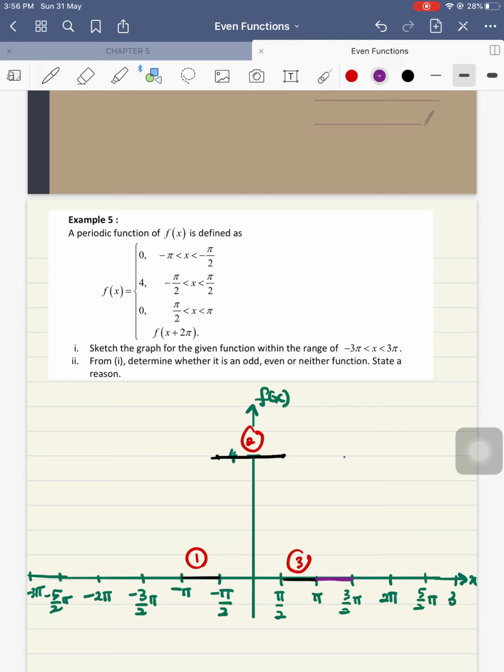Okay, so you will have a point here, and the second one is here. So this is your straight line. Okay, so the last one is this one. The range is half, which means from 5 over 2 pi until 3 pi. Sorry, this is 3 pi. Okay, so you will have another straight line on the x-axis.